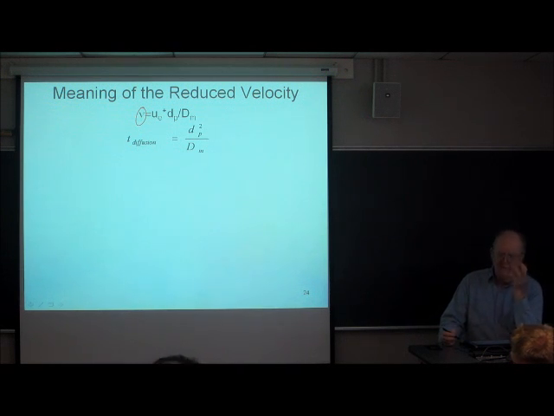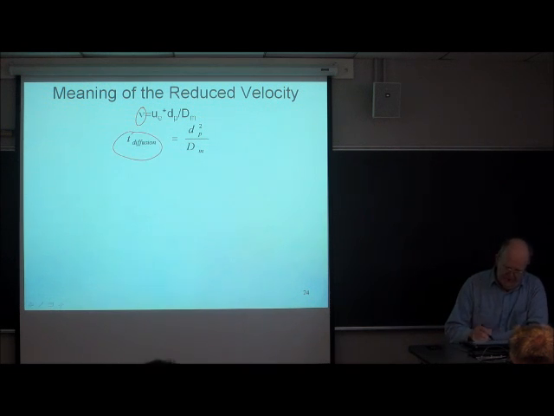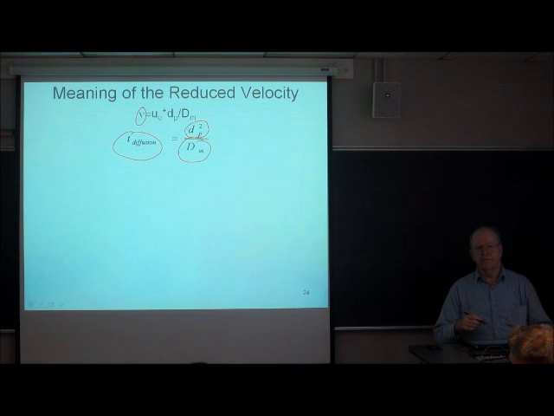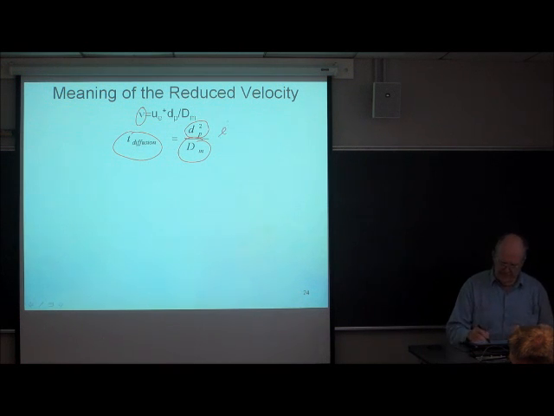Suppose we want to calculate the time for transport on the order of a particle diameter. That diffusion time is going to be on the order of the particle size squared divided by the diffusion coefficient. Length squared over length squared per unit time.